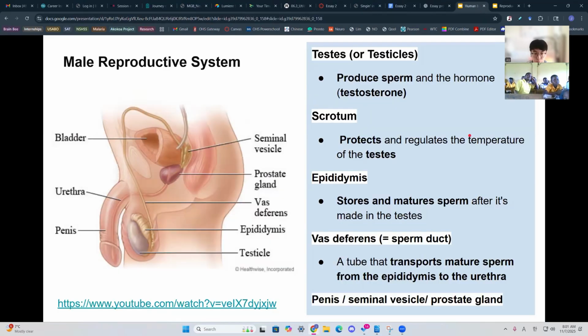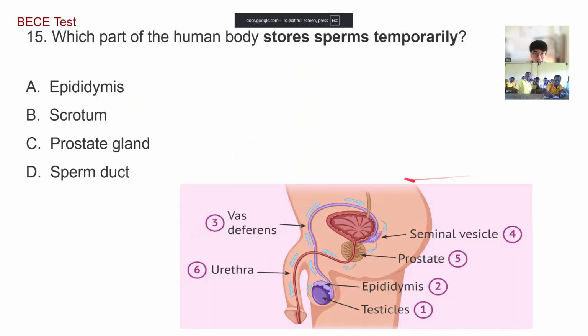So yeah, that was about the male reproductive system. And you can just look at the structures and let's solve a quick question about the male reproductive system. Based on what we've seen, which part of the human body stores the sperm temporarily?